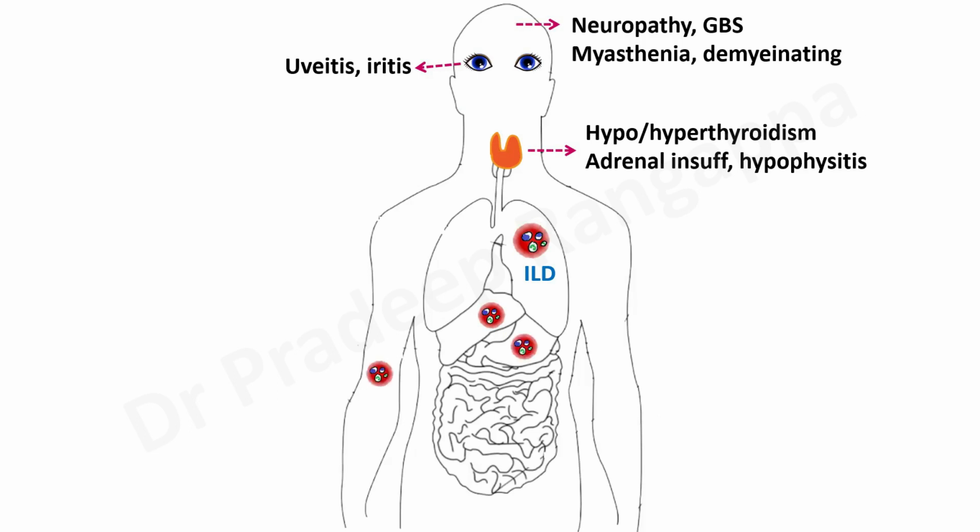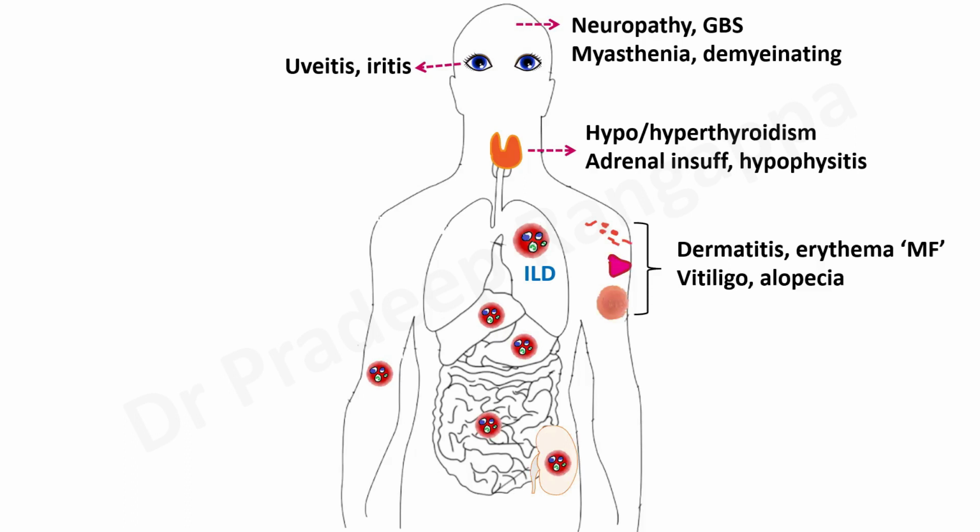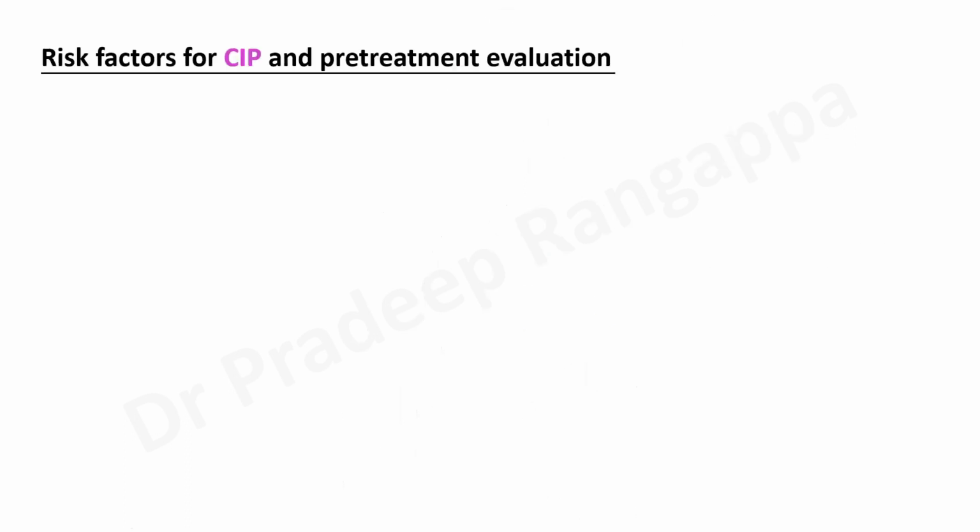They can cause GI disturbance. They can cause arthritis. They can cause colitis. They can cause nephritis. Basically, any organ in the body, they can induce inflammation because of hyperactivation of the immune system. All these inflammations can happen, and skin changes. They can cause dermatitis, erythema multiforme, vitiligo, alopecia. Basically, like any cancer therapy, they can affect multiple organs. So this is something which I want everyone to understand.